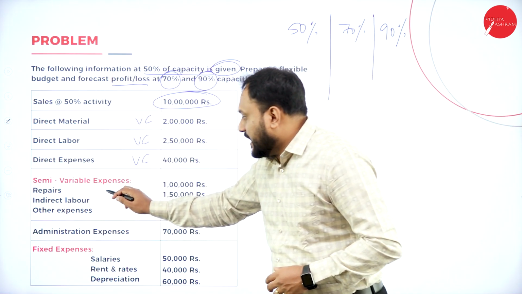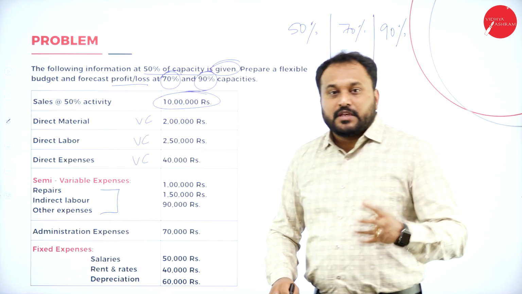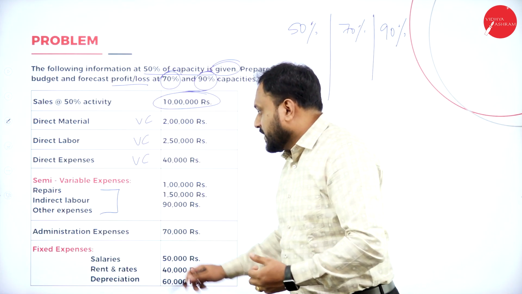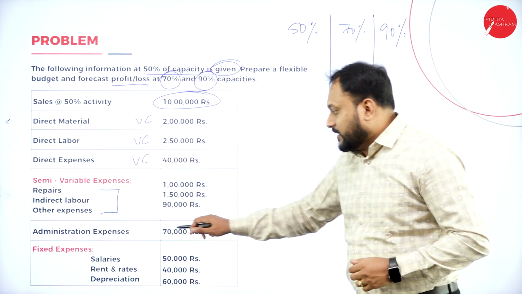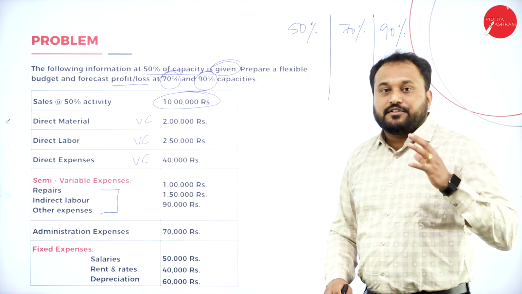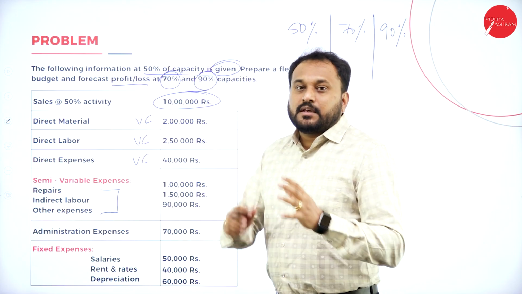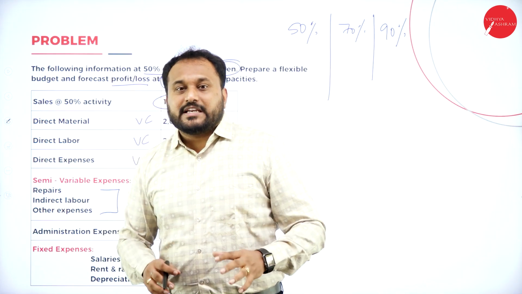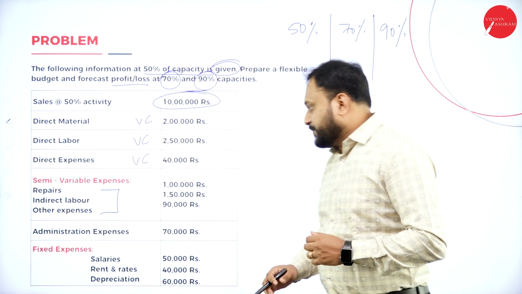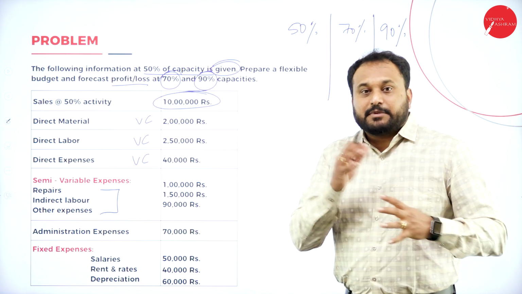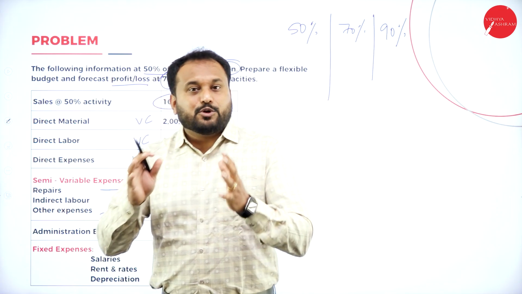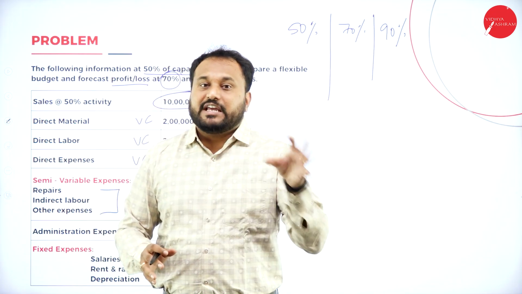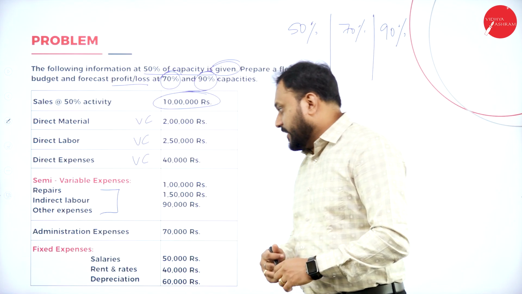So all these three are semi-variable costs. Administration expenses: when they don't give anything in the bracket, whether variable or fixed, please understand administration is always a fixed expense. The same way, if you get selling and distribution expenses and they don't give anything, that becomes your variable cost. So please be careful about it.